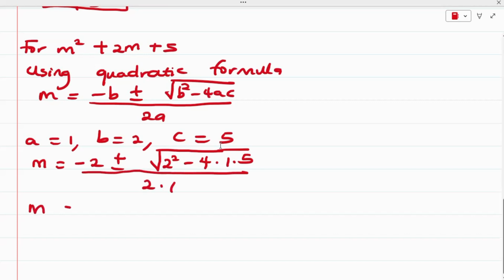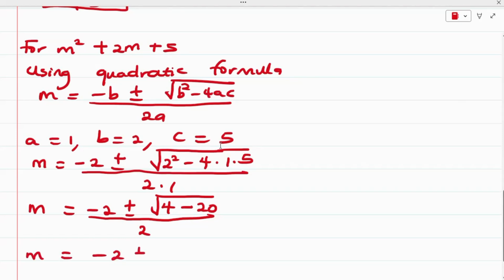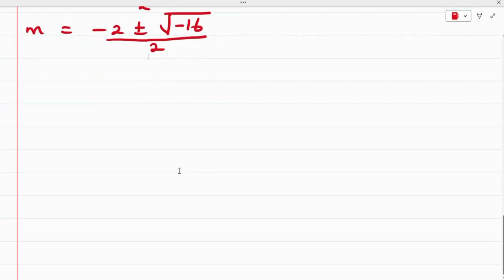So we have that m is equal to minus 2 plus or minus the square root of 2 squared, which is 4, minus 4 multiplied by 1, which is 4, and 4 multiplied by 5 gives us 20, all over 2 multiplied by 1, which is 2. So m is equal to minus 2 plus or minus the square root of 4 minus 20, which is minus 16, all over 2.